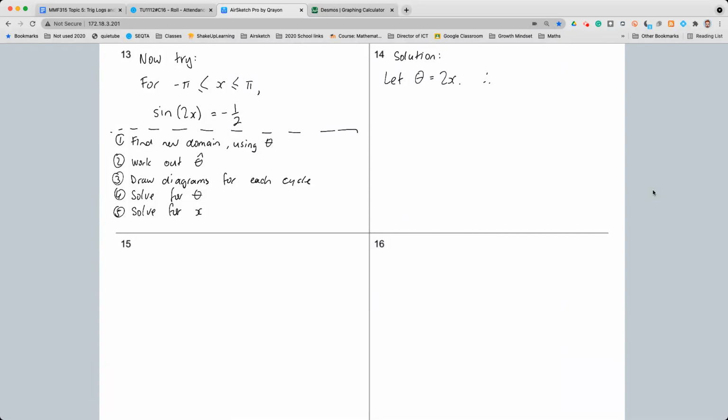Therefore, negative pi times 2 is negative 2 pi, and pi times 2 is 2 pi. So I've got negative 2 pi to 2 pi as my new domain for theta, as opposed to my x domain.